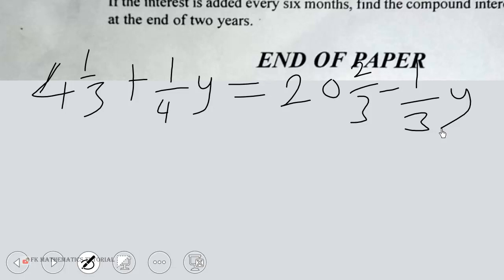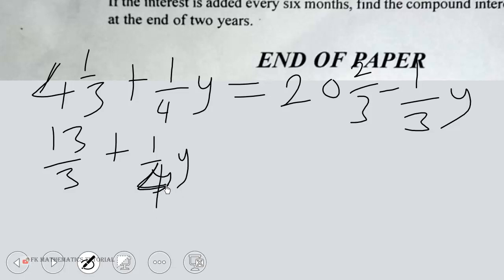So we need to first of all convert all this to improper fractions. So 4 times 3 is 12, this will give us 13 over 3. Then we have 1 over 4y here. Then we have 62, so 20 times 3 is 60 plus 2 is 62 over 3 minus 1/3 y.